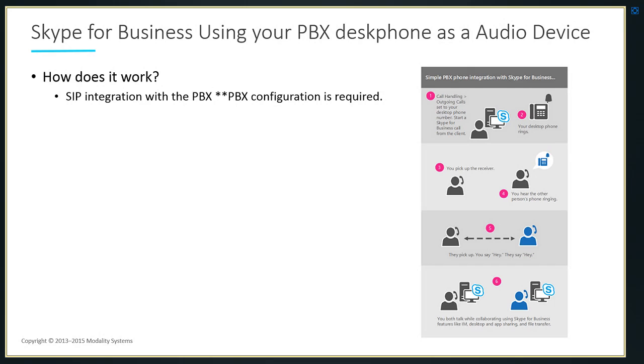So in point one, as you can see on the diagram, you open up your Skype for Business client, type in a telephone number, your desktop phone will ring, you pick up the receiver and you can hear a ringing tone, and then when the other party picks up, you are bridged into that call. It allows you to continue while you're on your desk phone, but you can also use the Skype for Business capability to do presentations if it's an internal call.